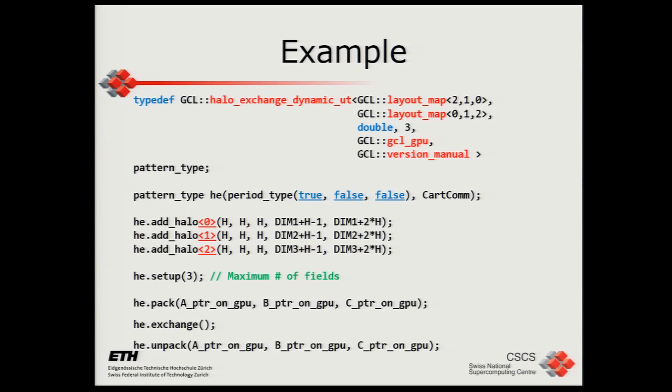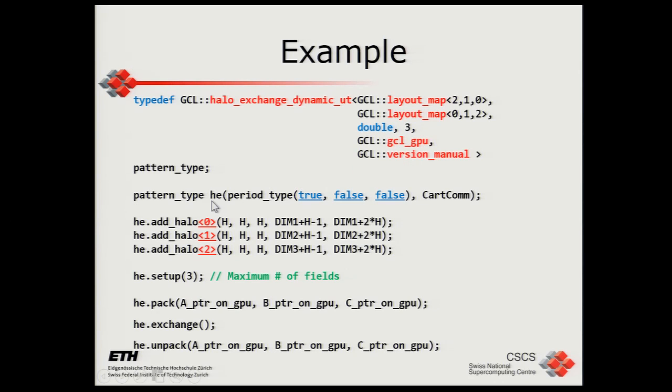We specify the layout in the storage, the layout of the computing grid, so we can also deal with different orientations of our computing grid, the element type, the number of dimensions, where the data is, which is in the GPU, and how to pack and unpack data. This is what we're going to talk about later.